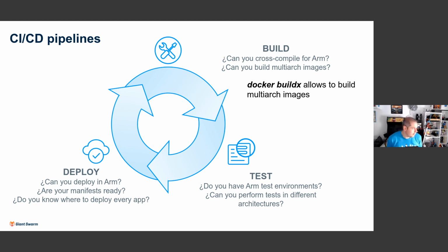And then in a perfect DevOps world, after you build, you need to test what you are building before deploying, of course, because you all test before deploying, right? But in order to test ARM applications, you need ARM environments, you need ARM machines.